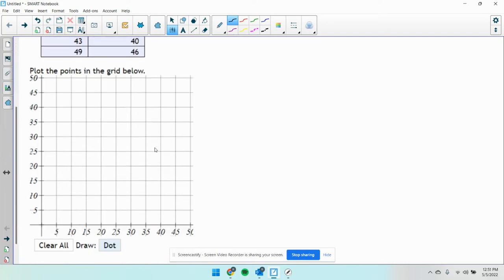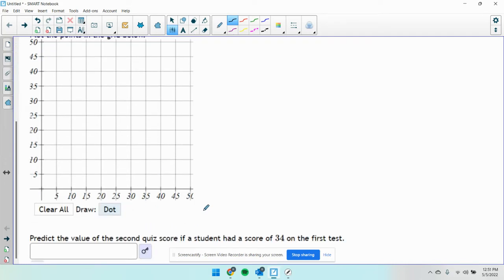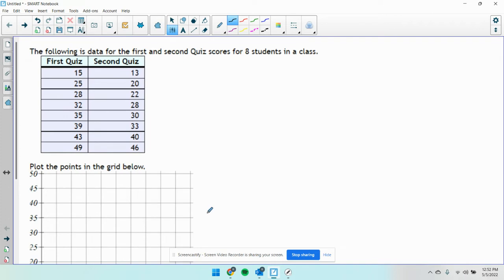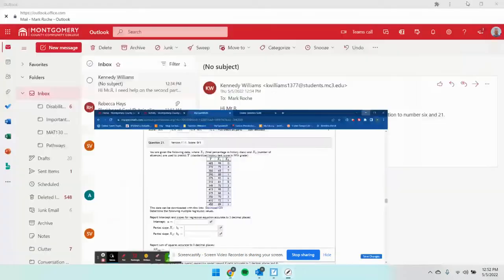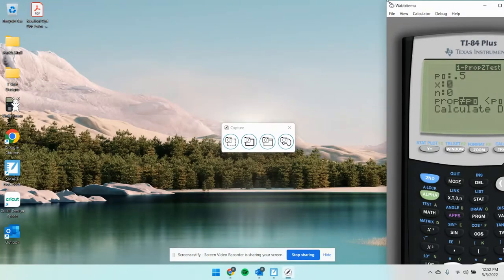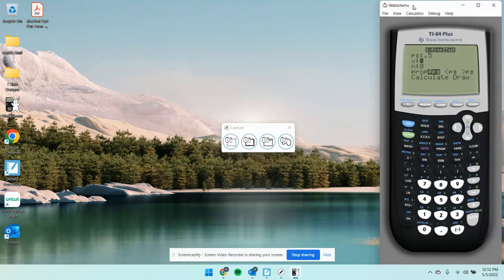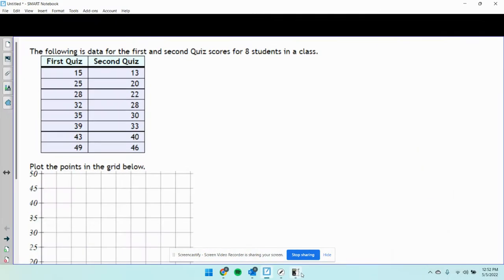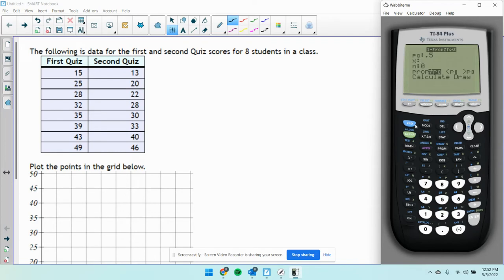Okay, so to make this prediction, we have to find the linear regression. So I'm going to take my calculator and start by entering the data into my lists.